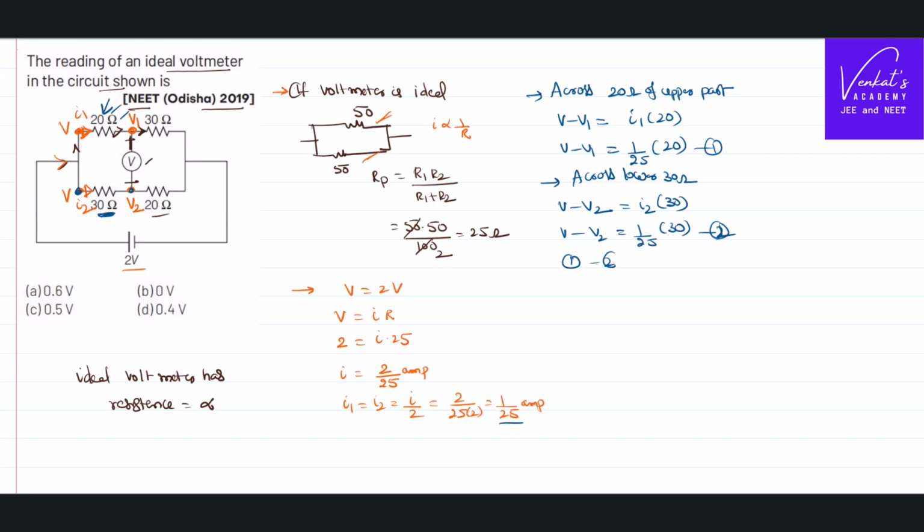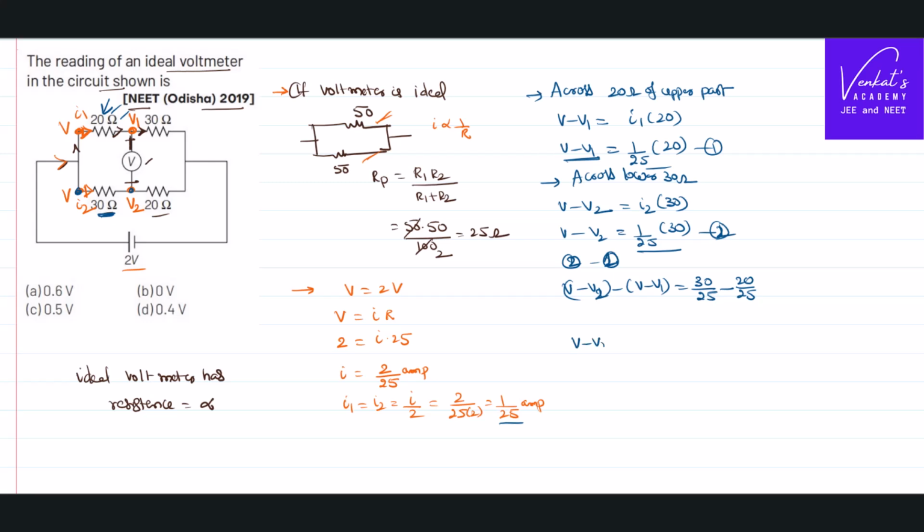Let's make 2 minus 1. So 2 is V minus V2 on the left hand side, minus V minus V1, equals 30 by 25 minus 20 by 25.